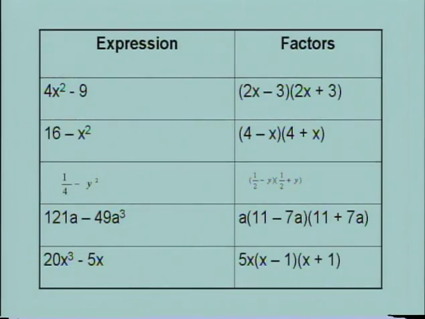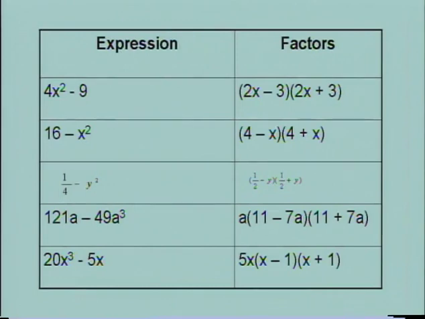4x squared minus 9. We must recognize the difference of two squares here. That is, the first term would be 2x all squared, and the second term 3 squared. So if we take the square root of 4x squared, we'll have 2x.